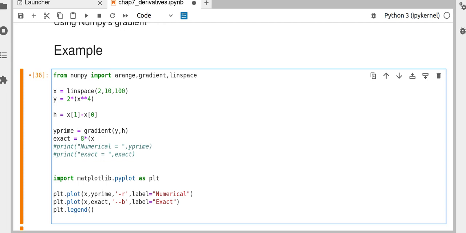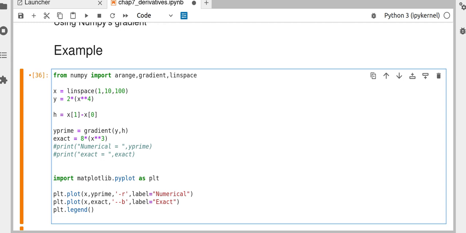Now I will use NumPy gradient. It takes in two values. It takes in the y data, but in data form, not as a function. The data, maybe we can say x from 1 to 10, and the spacing is 100.